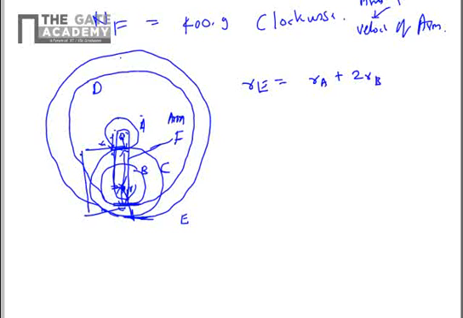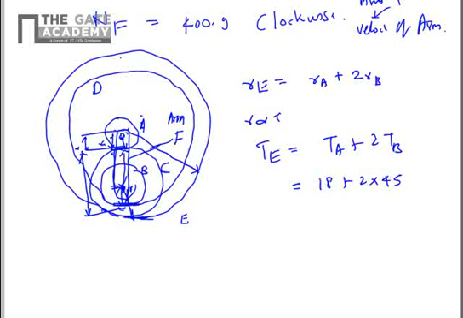This is the diameter of B, that is 2RB, and this is the radius of A, RA, and together they are equal to the radius of E. So RE equals RA plus 2RB. Since radius is proportional to teeth when the module is the same, the number of teeth on E is equal to TA plus 2TB. Substituting the values, 18 plus 2 into 45, TE is equal to 108 teeth.